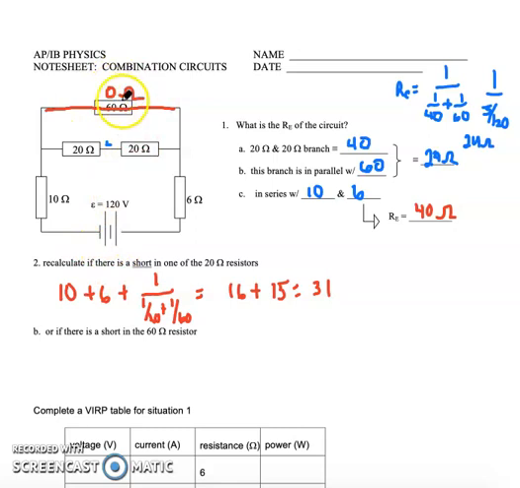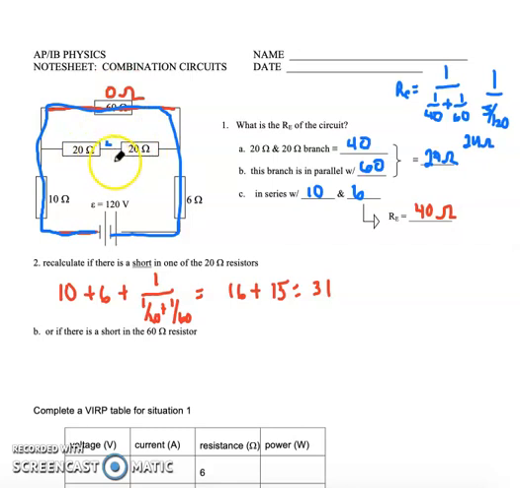If we remove the 60, then you'd be fine. But since this has 0 ohms, what's going to happen is all the current, let me change color here, is going to be like this. It's just going to go through that upper branch because it's shorted and ignore the lower branch. So for all intents and purposes, this lower branch has an infinite resistance compared to this.